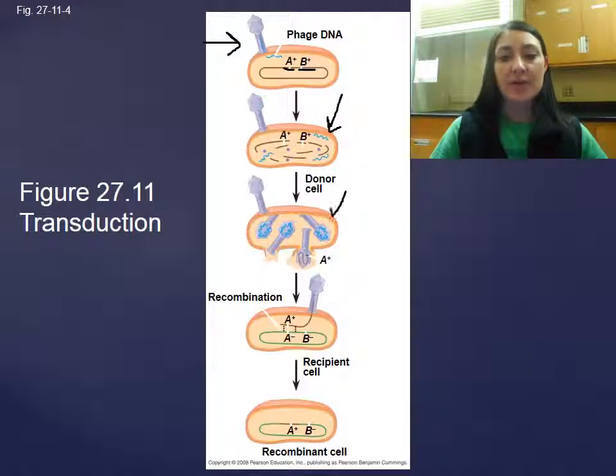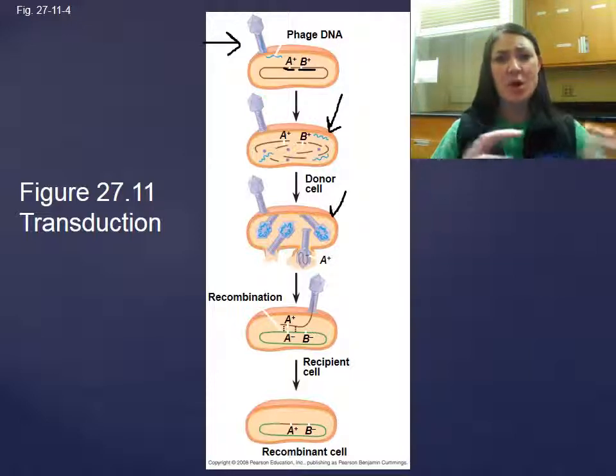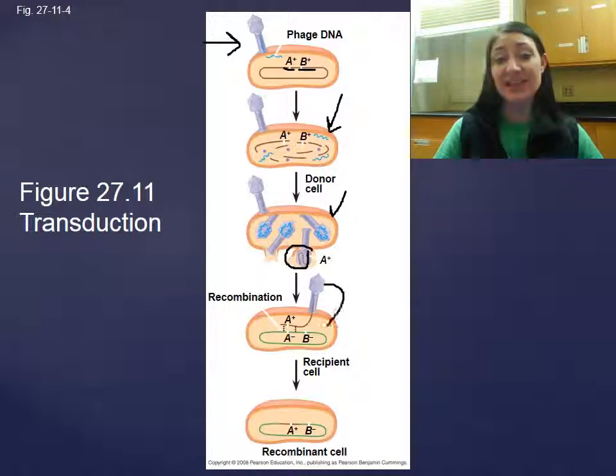When those viruses get packaged up, some of that original host cell's DNA can get packaged into the protein capsid of the virus. If that happens, like we see right here, we see the gene for A positive got packaged into the virus, and that virus then infects another cell, it's going to inject that original host cell's DNA, that allele for A positive, into the new cell that it just infected.